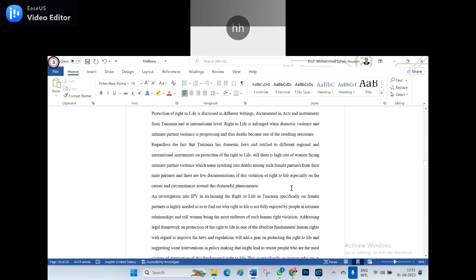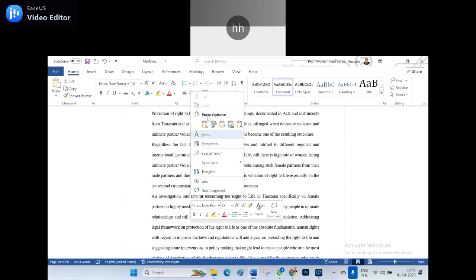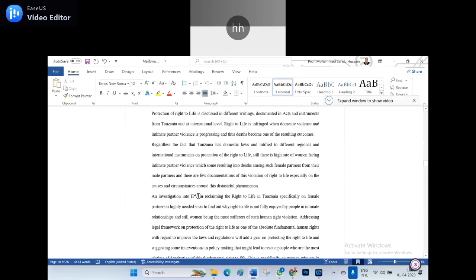If you did not write the full form, now here you have to write what IPV is. So you have to write the full form when you are using IPV.